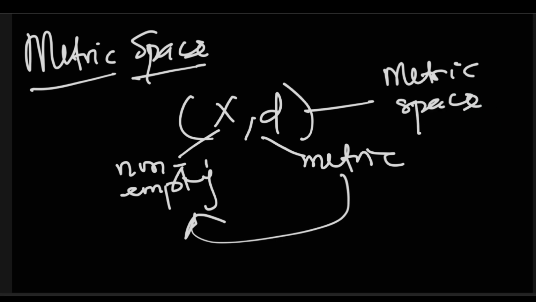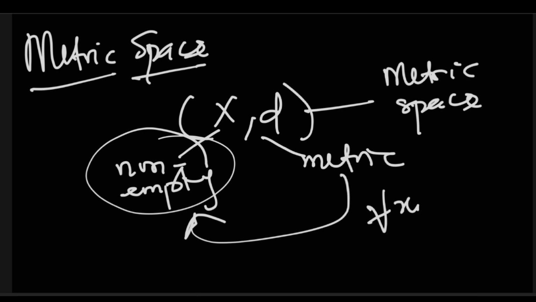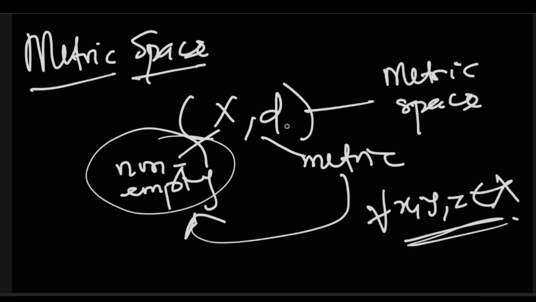We've defined axioms on this X. Remember, we say for every x, y, z in X. So it is not empty, and we define this metric, that is, when it satisfies those conditions, then we call this a metric space. When D is actually a metric, then this pair will now be a metric space.